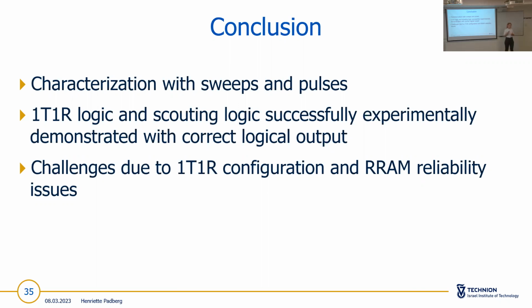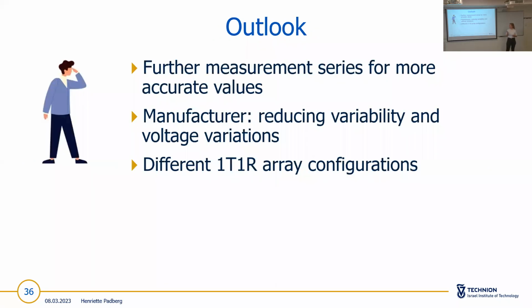So, in the end, you have challenges due to the 1T1R configuration that was used, and also due to the RRAM reliability issues. As an outlook for the near future, there have to be more measurements taken so that you can extract more exact values for the logical operations.